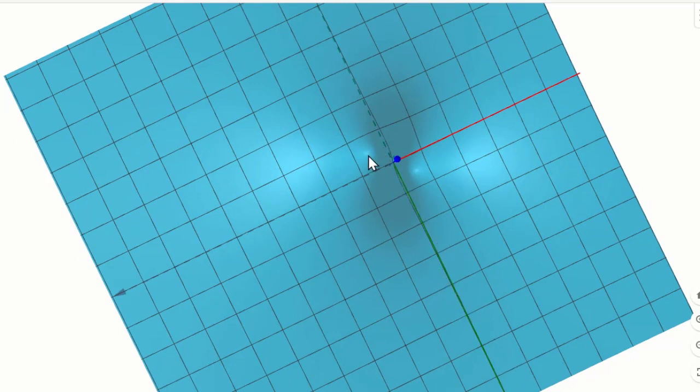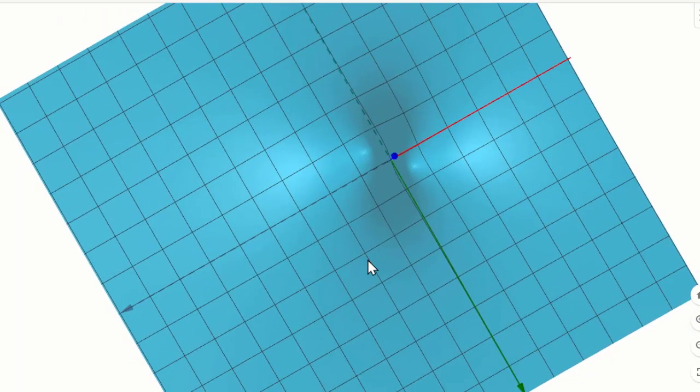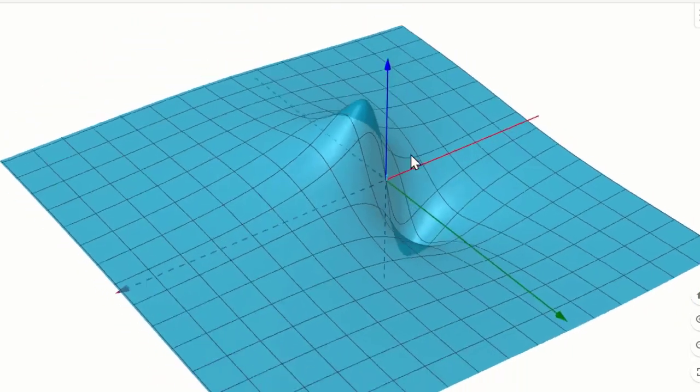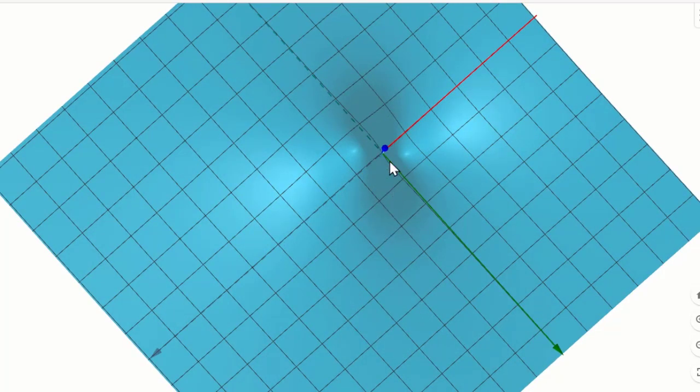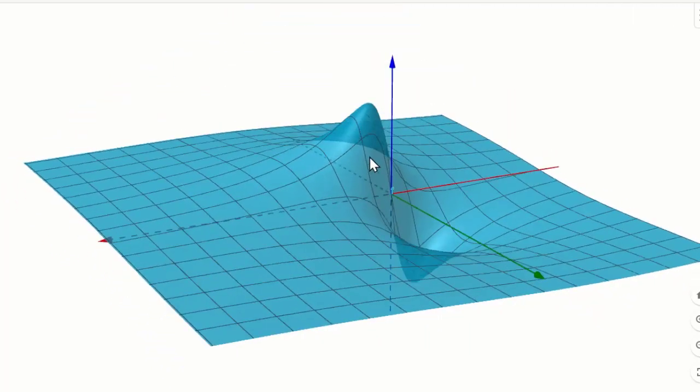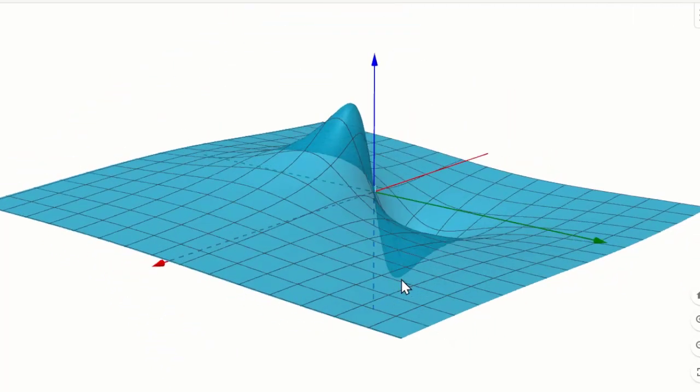This point seems to be right at positive 1/4 comma negative 1/4, and it gave us a local maximum. And right here we had a local minimum, right? As we turn the view, positive x-axis going this way, positive y-axis going this way, negative x-axis going that way, the point is about right there: negative 1/4 comma positive 1/4. That point was classified mathematically on the board earlier as a local minimum.